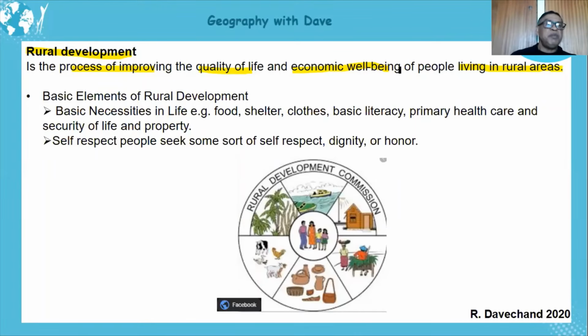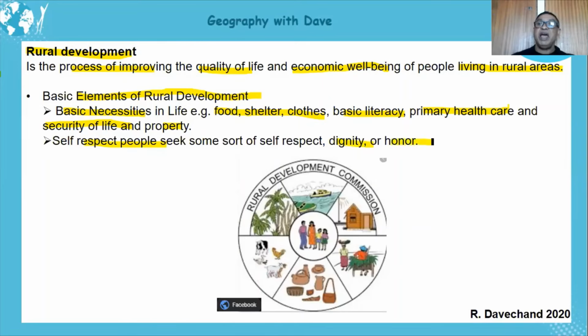Some of the basic elements of rural development: basic necessities like proper, nutritious food, shelter, clothes, basic literacy, schools, primary health care. Proper health care from maybe a clinic or a hospital, security of life and property. Can you see these are the basic needs?